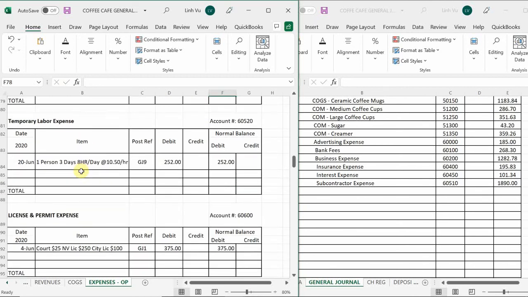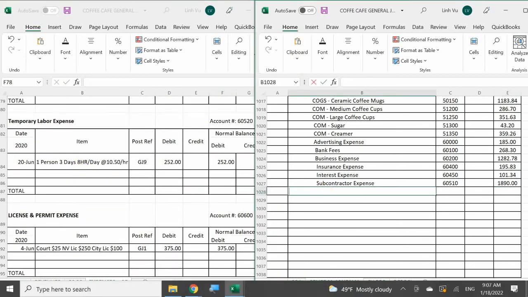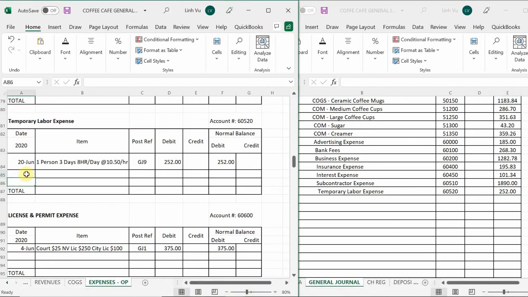And then we have the temporary labor expense for the total amount of $252 even. And then we can go ahead and clear that out for the $252.